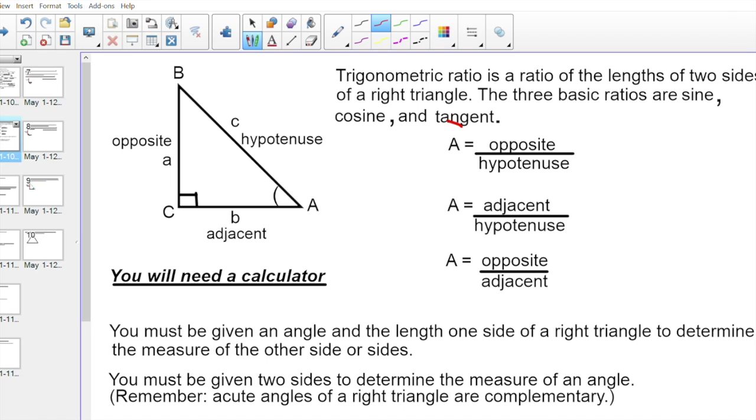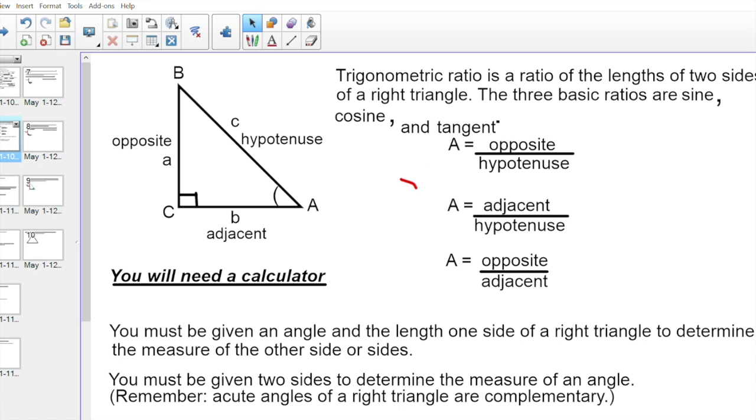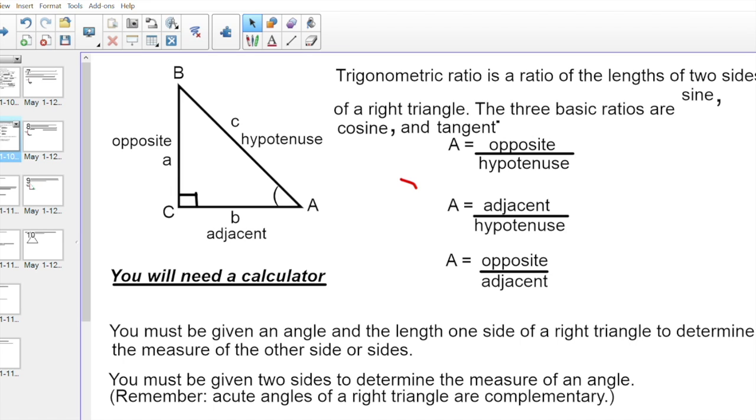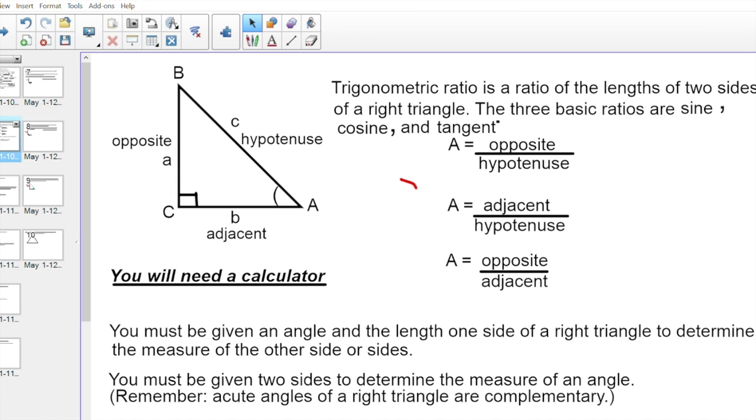Now, I'm going to have to make a little adjustment here so I can read this off of here. What we're going to have is some trigonometric ratios. We're going to write a ratio when we're solving for trigonometry.